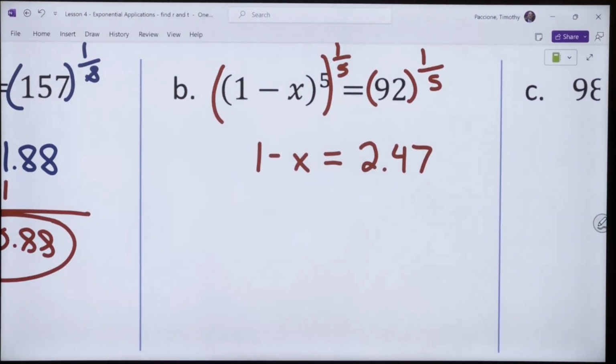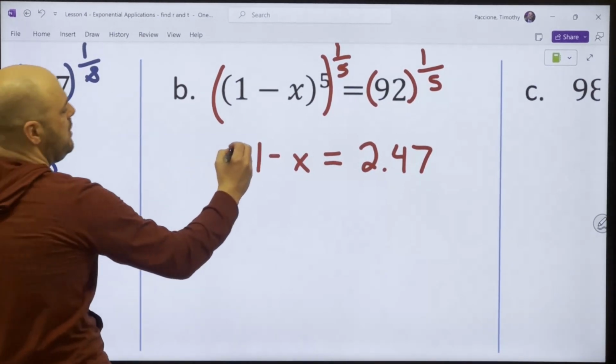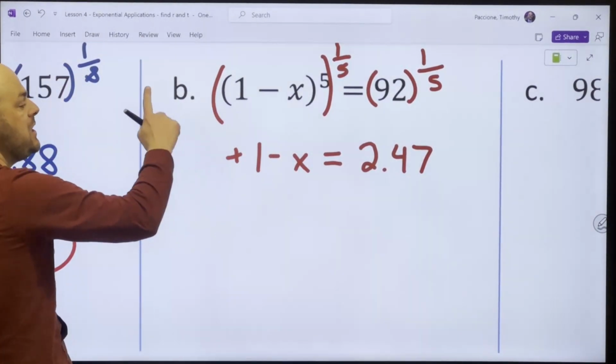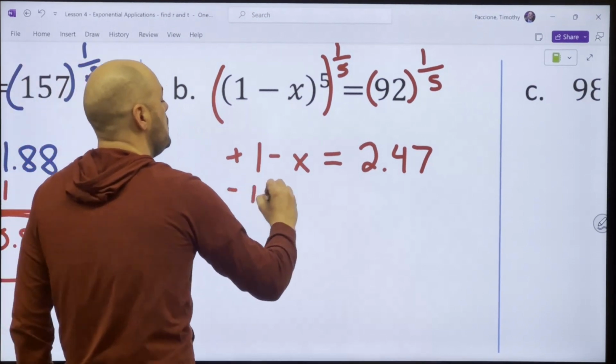Now, I want to get x by itself, and this is, for some reason, a little tricky for students because the x isn't in the front, so it's like, well, what do we do? But think about it this way. What is on the same side as the x? A positive 1, right? And if I want to move a positive 1, I do a minus 1. Minus 1.